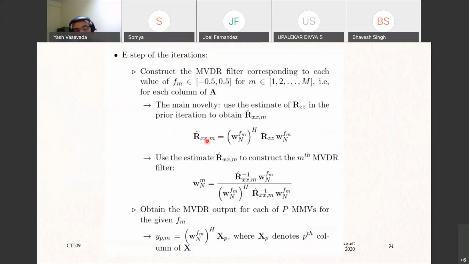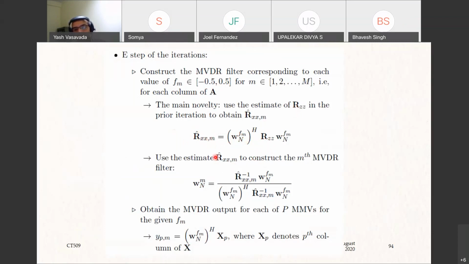In the original MVDR technique, this Rxx is formed using the actual observation of what X is. We get the incoming samples, and using those incoming samples we form the correlation matrix. Whereas here, in this technique, this RZZ is used to estimate Rxx. RZZ, along with this column vector WF, will tell us the present estimate of Rxx.